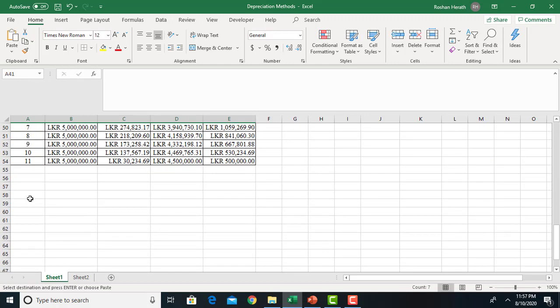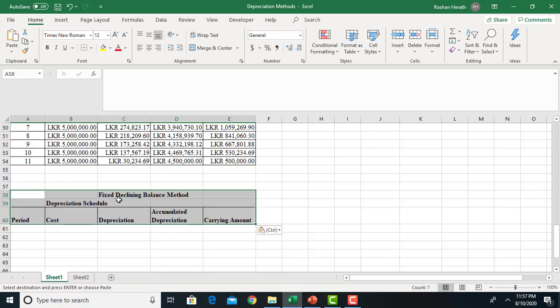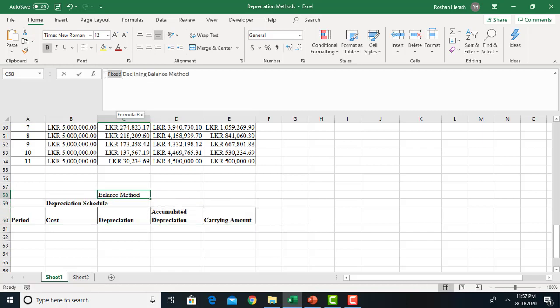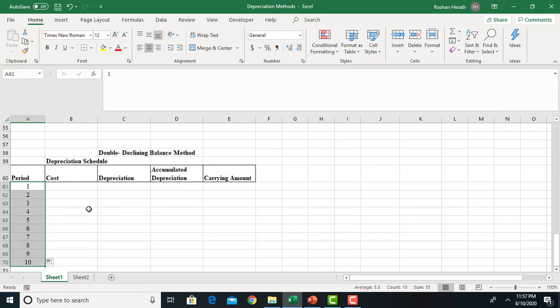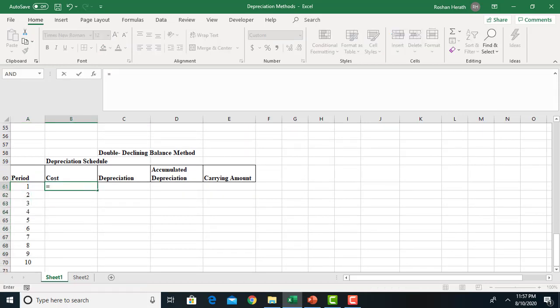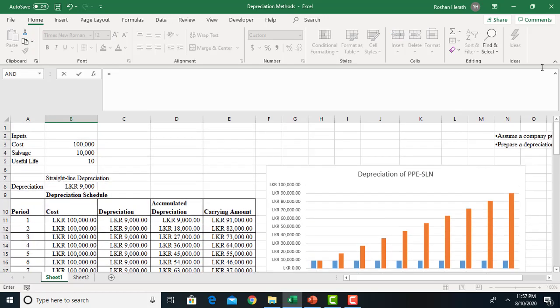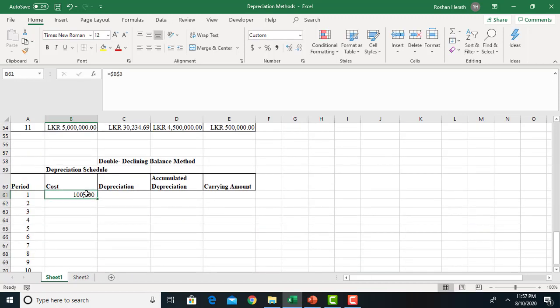The schedule needs to be developed using the double declining balance method. The period goes as usual. We are assuming a 10-year period. And the cost information, you can simply take from the inputs that we have originally and make it constant, since we are going to drag it.